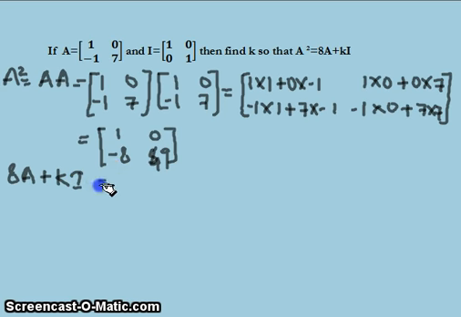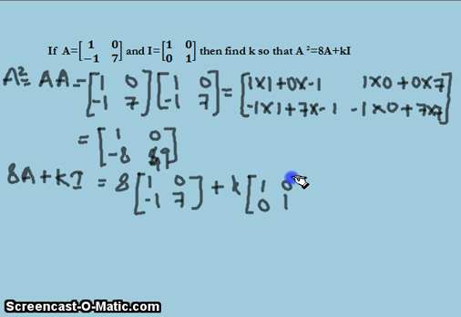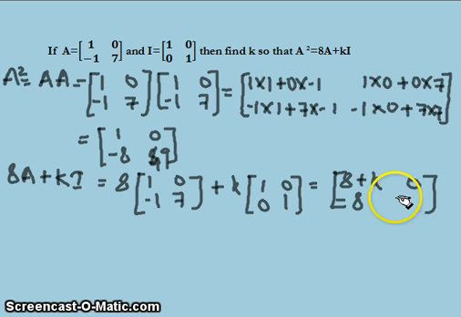Now here we are going to perform the scalar multiplication of A by 8 and the scalar multiplication of K with I. This gives us the value of 8A plus KI equal to 8 plus K, 0, minus 8 and 56 plus K.